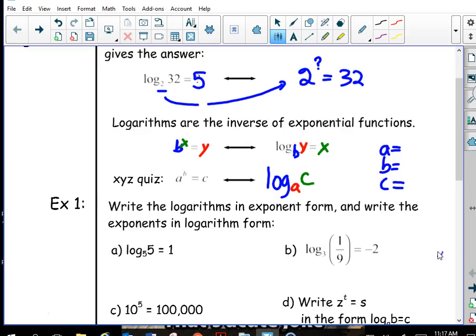What power do I raise a to get c? And the exponent in my exponential equation is going to be the answer to my log question.